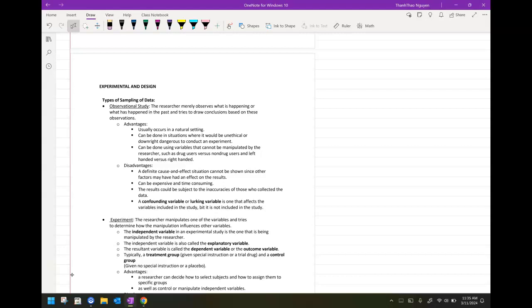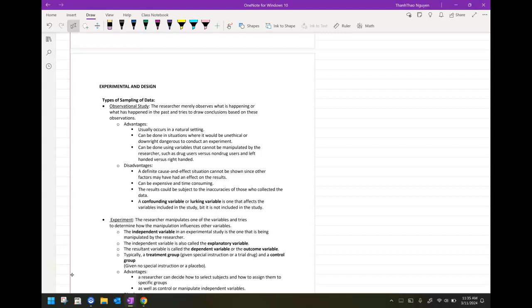Disadvantage. A definite cause and effect situation cannot be shown since other factors may have an effect on the result. So say for example, a drug user, what kind of environment they grew up in, what kind of housing they are in. So there are many different effects that come with it, many things that cause it, right?